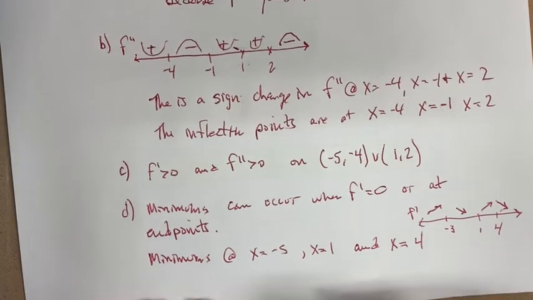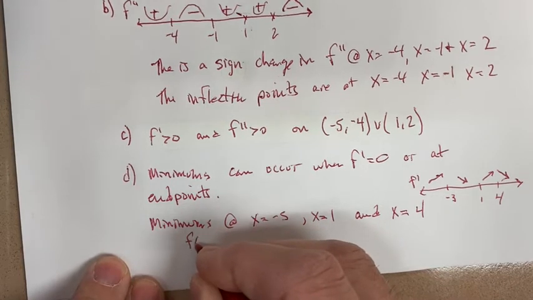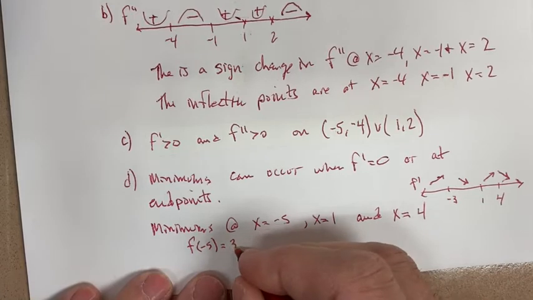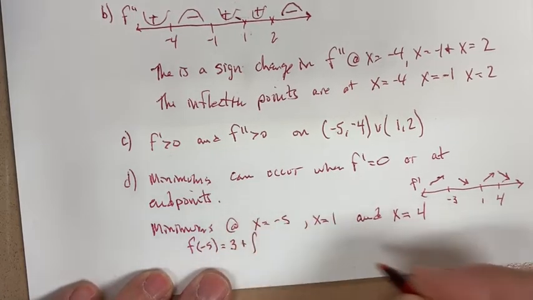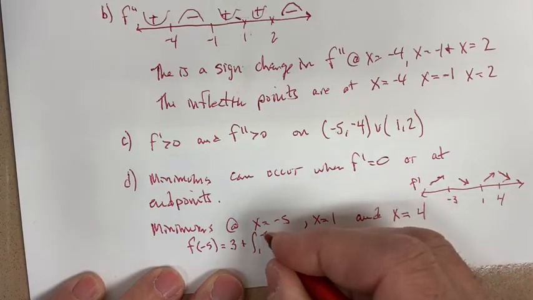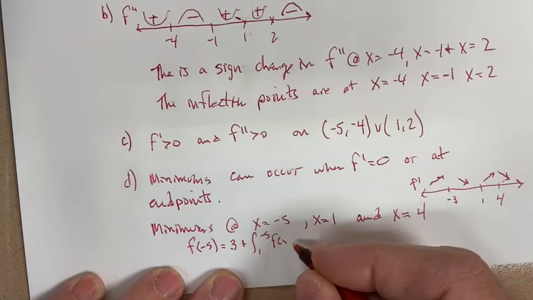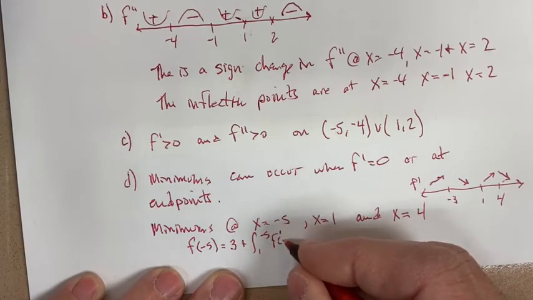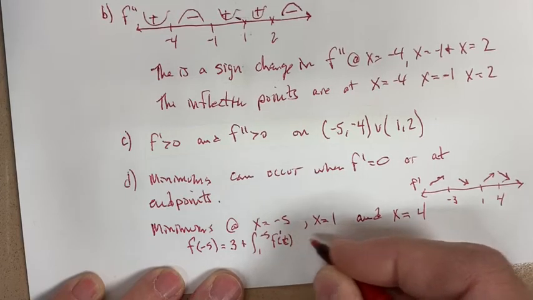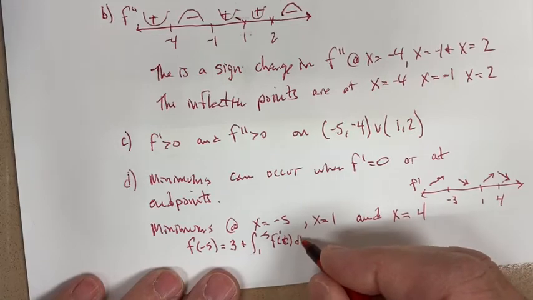So f of -5 is 3 plus the integral from 1 to -5 of f prime of t dt.